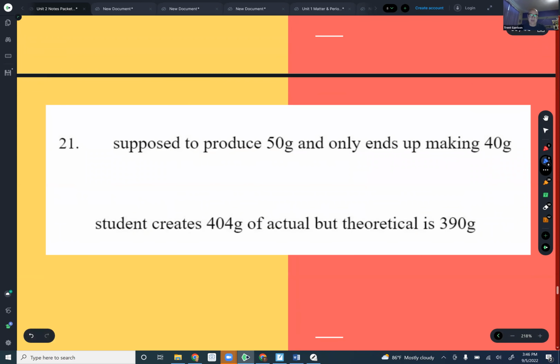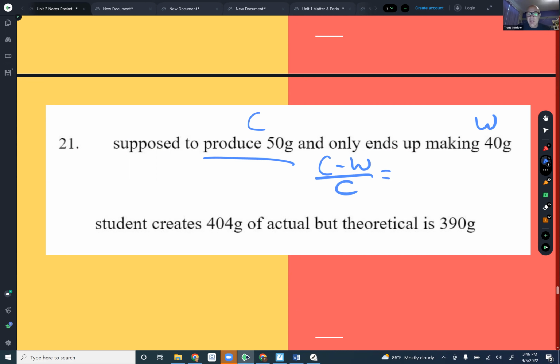Let's do some practice now. It's supposed to be 50 grams, but you end up making only 40 grams. That means 50 is correct and 40 is my wrong. So I'm going to do correct minus wrong divided by correct. And if you want to do wrong minus correct, I'll show you it's the exact same value. So 50 minus 40, absolute value, divided by 50.